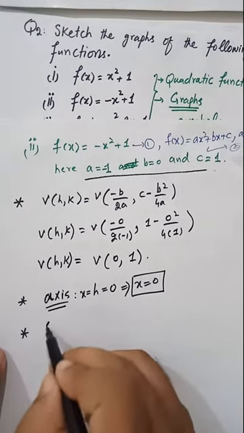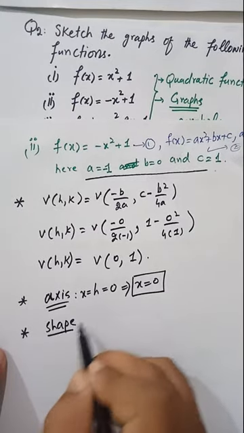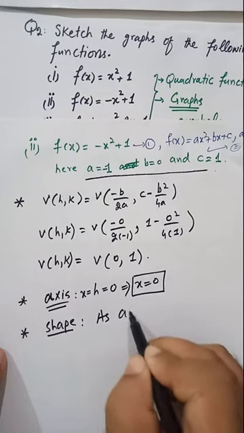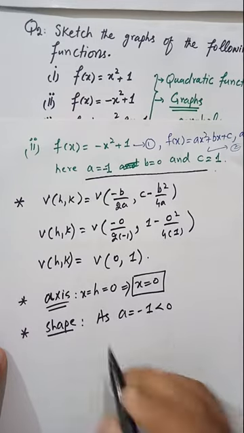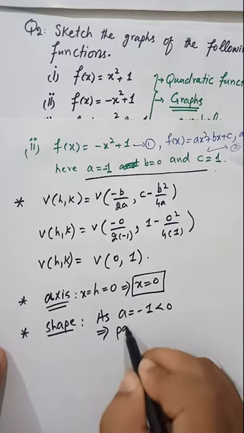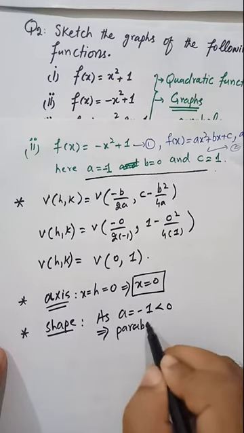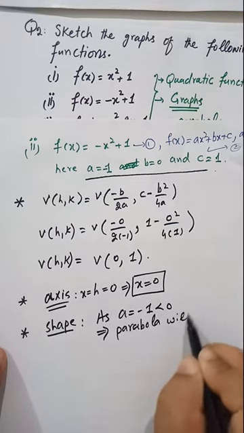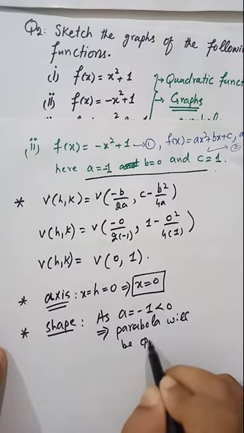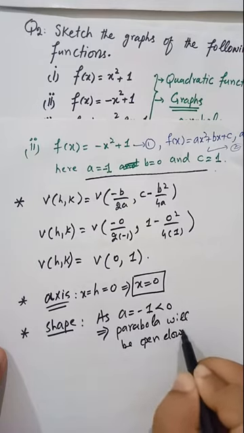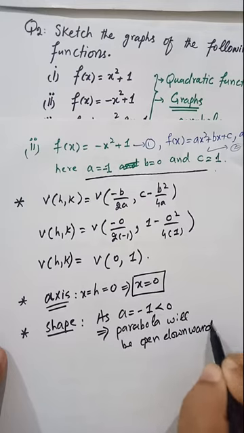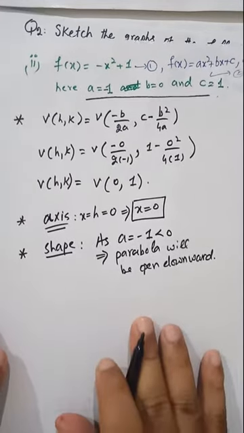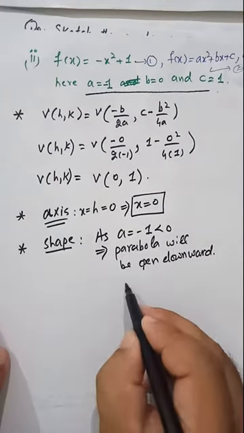And the third one, which is the shape: a is equal to minus 1, which is less than 0, implies the parabola will open downward. So that will be the shape.